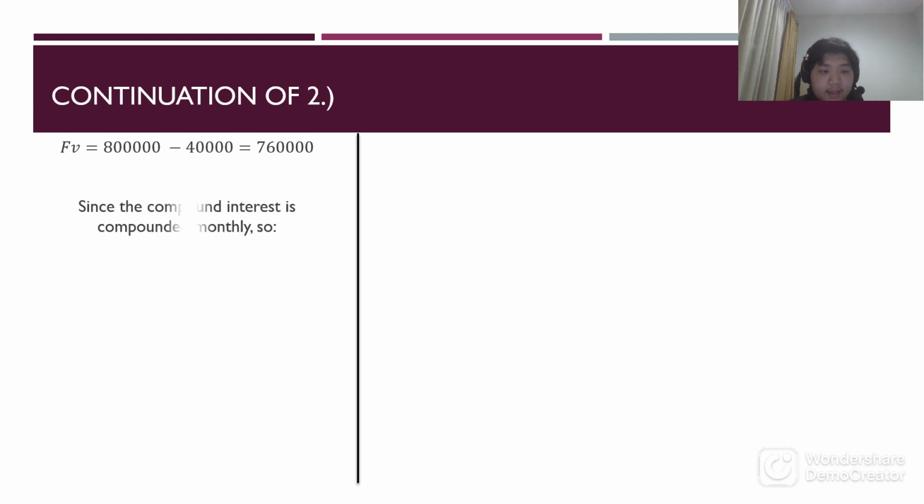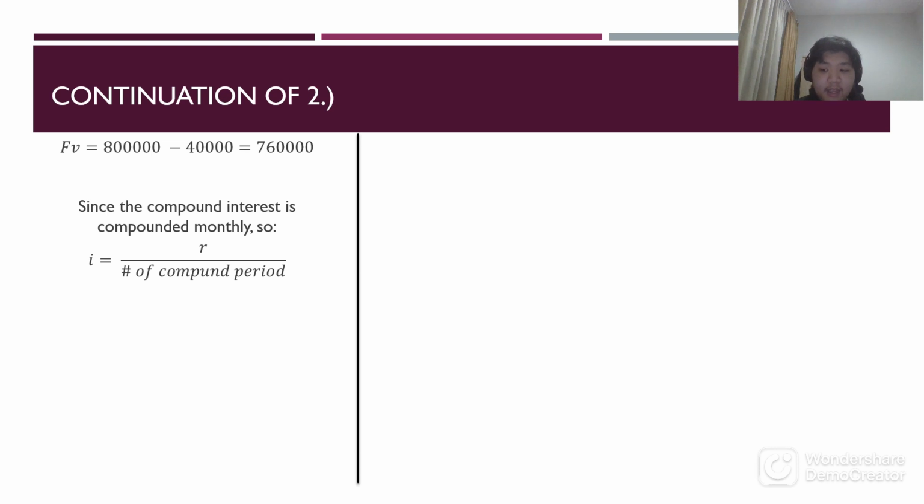It also states that the compound interest, or the annuity, is compounded monthly, and the formula for i is equal to r over the number of compound periods. Now, r stands for the rate at which the equation will grow, and the number of compound periods directly implies how many times it will repeat the cycle within a year.